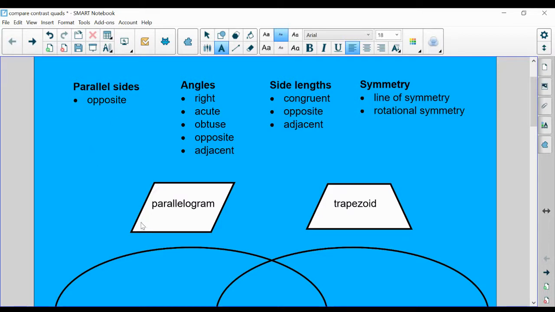A parallelogram, as you know, has all opposite parallel sides. Opposite meaning straight across. The trapezoid has one set of opposite parallel sides. If we stretch these sides out onto infinity, they would never intersect. They would never get closer together or further apart.